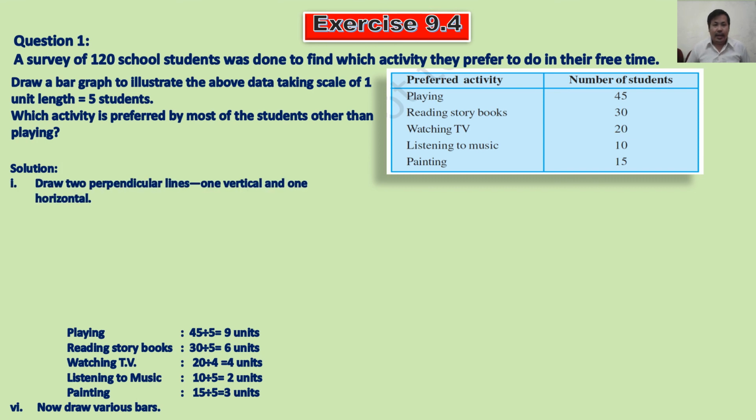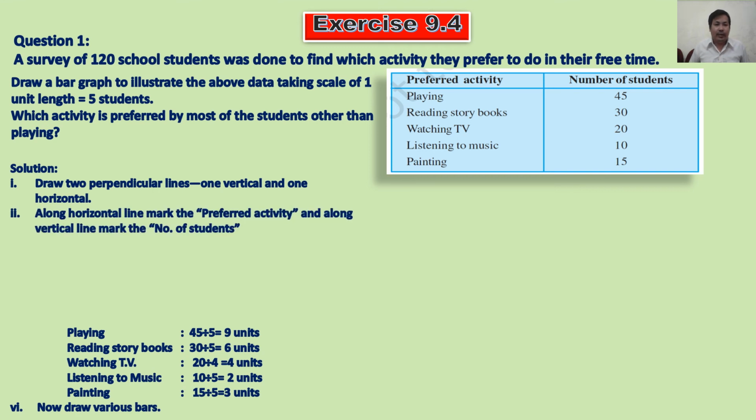So in the solution you see, what we have to do first. Draw the perpendicular lines, one vertical and one horizontal, so that we can start drawing the bar graph. Then the next step is, along the horizontal line mark the preferred activity, and along the vertical line mark the number of students.